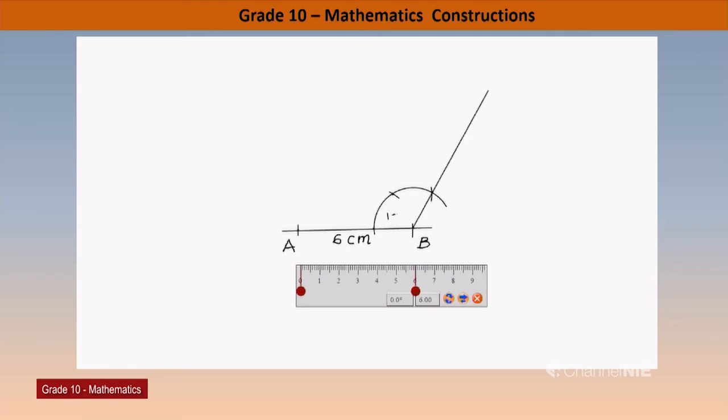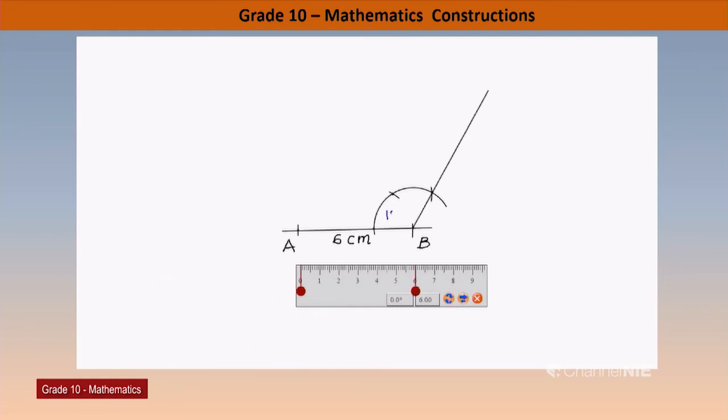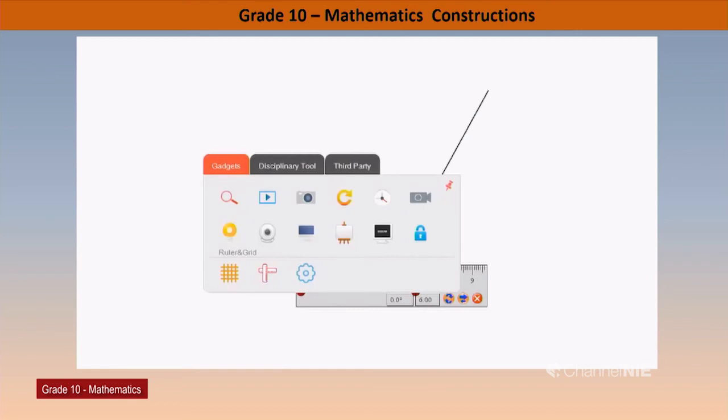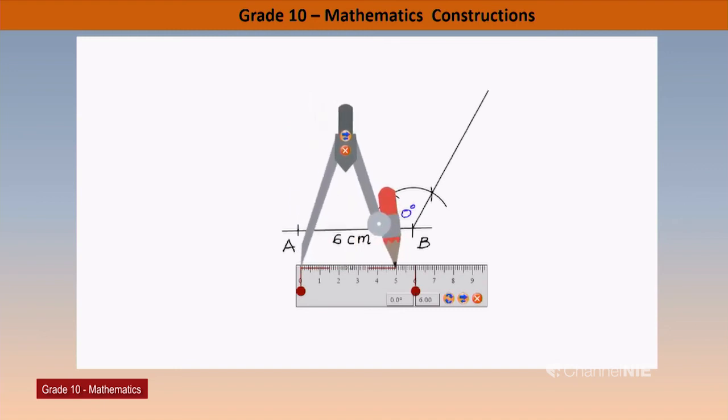Next, we want to find the point C, because ABCD is a parallelogram. It says B to C 5 centimeter, even ABC 120 degree. So, let us measure 5 centimeter using your compass and keep the steel point on B, take B as center and let us construct a 5 centimeter line segment.